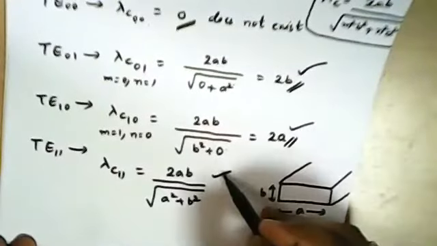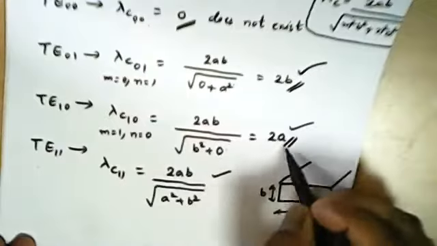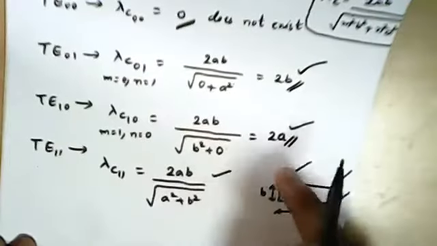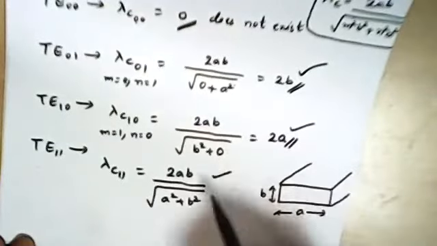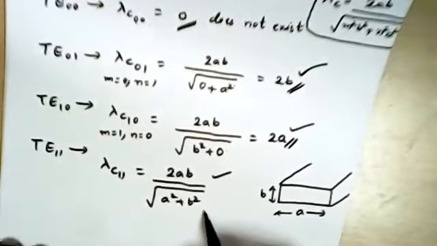Now among these three, can you tell me which has the higher value, Andy? Which among these three will have the higher value: either 2b, or 2a, or this third expression? I want to hear it from your side, Andy.